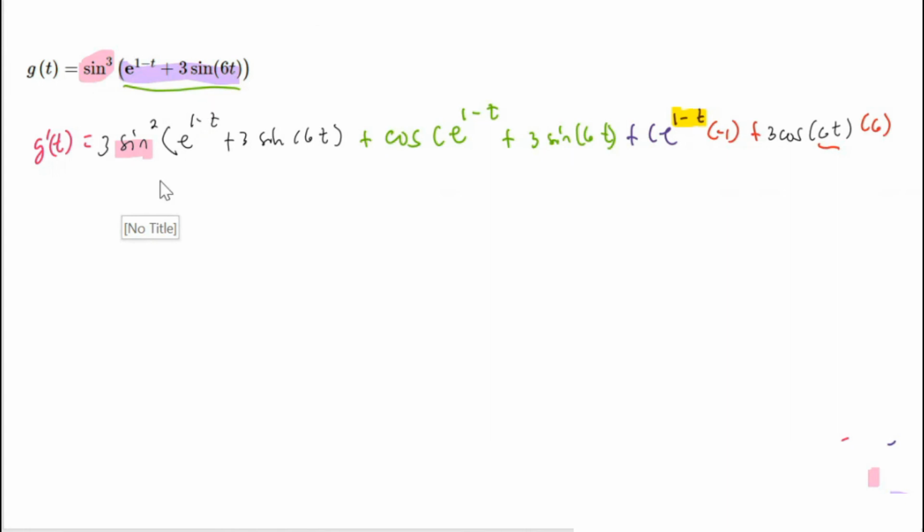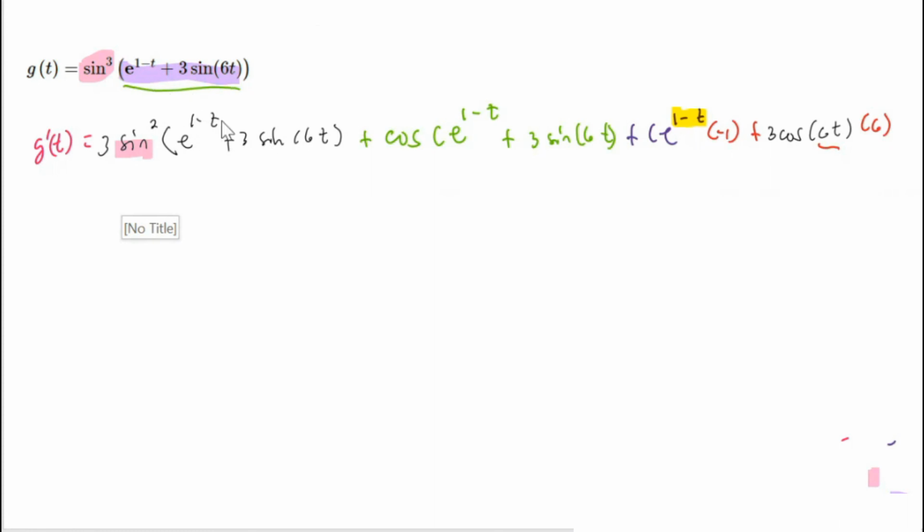And the last one is to take the derivative of the angle. On the first term, we have e raised to 1 minus t. Copy that, but the exponent is still differentiable, so we take again the derivative of 1 minus t. The derivative of 1 is 0 and the derivative of negative t is just negative 1. So we are done on the first term of the measurement of the angle.